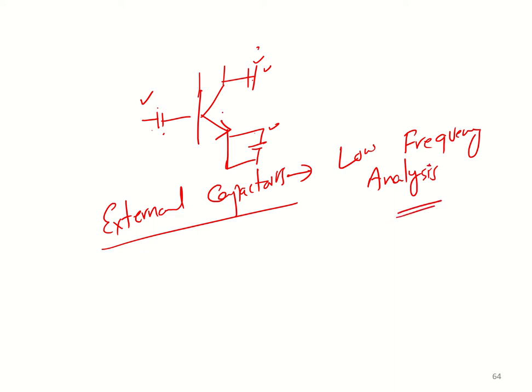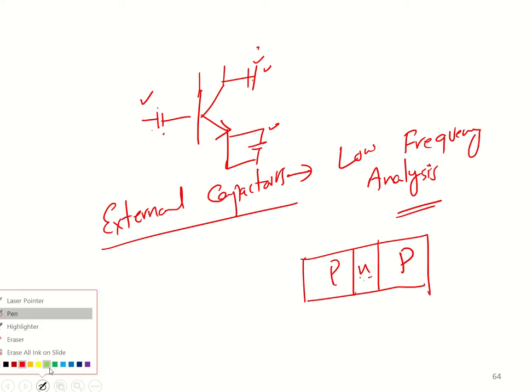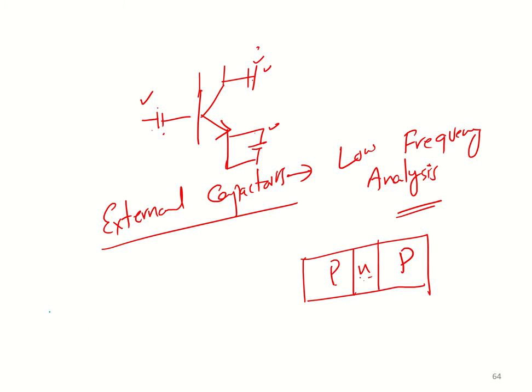But as we know, a BJT is formed by the junction of P and N type materials. Let's say we have a PNP junction, so we get two junctions here, one PN and another PN. So basically we have some internal capacitance in the amplifier, which is also called stray capacitance.